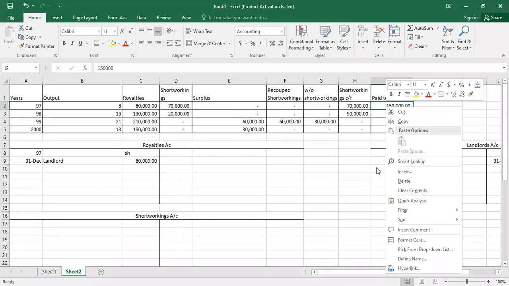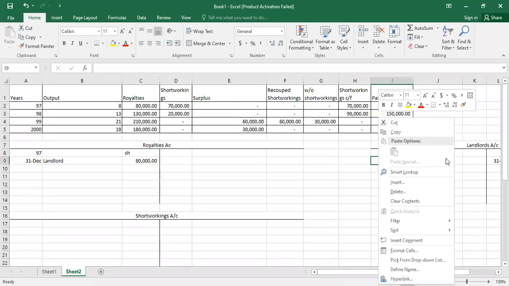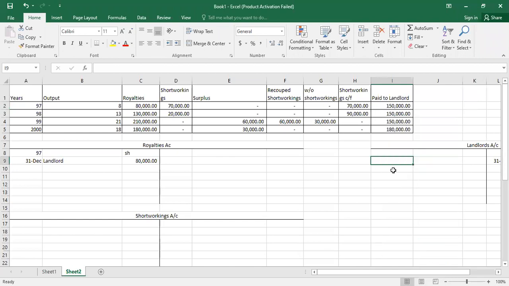So as at the end of the year, on 31st December, we expect to clear the minimum rent for that particular year, which is 150,000, so that we close the books.